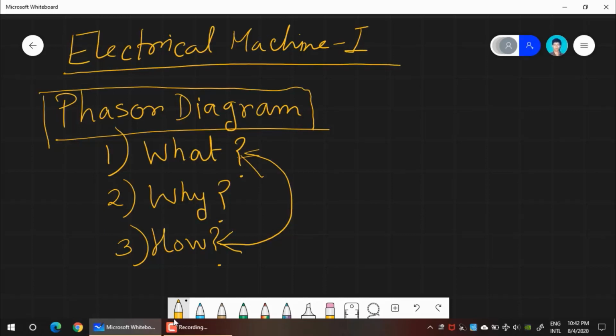And this why is very important. Quite often if I ask you why should I learn phasor diagram, or why should I learn basic electrical engineering, most people, if they know their answer is not going to be scrutinized or censored, will simply reply that it is there in our curriculum, we have to score a very good CGPA.